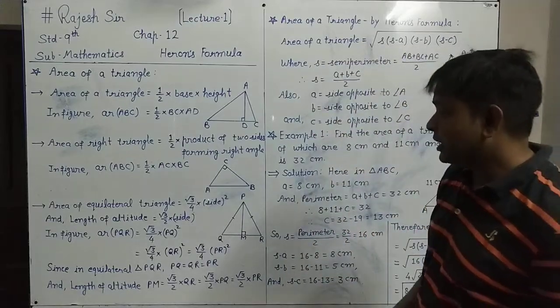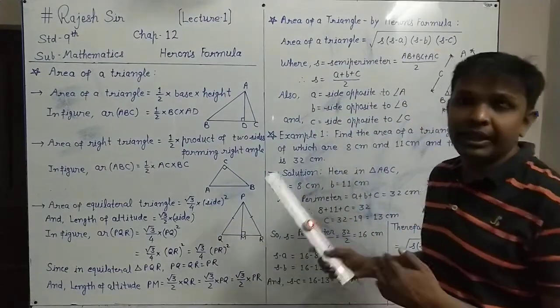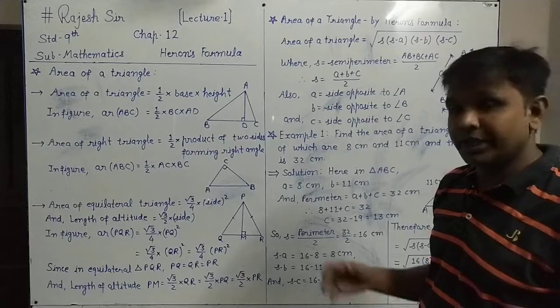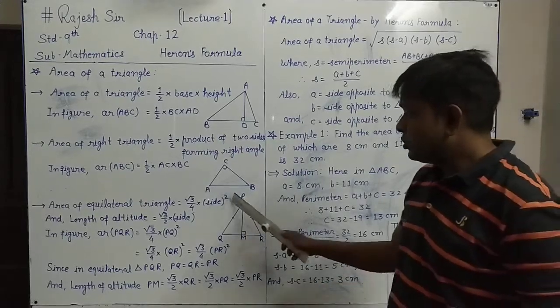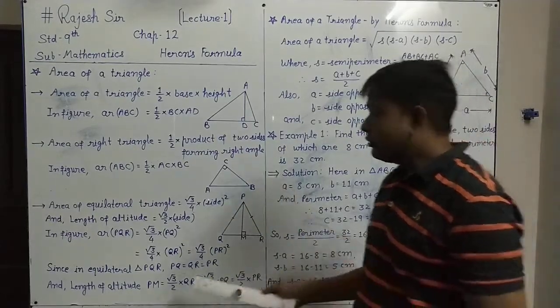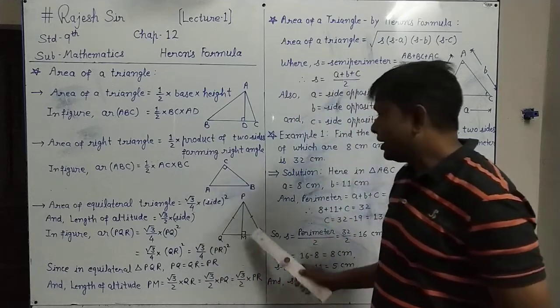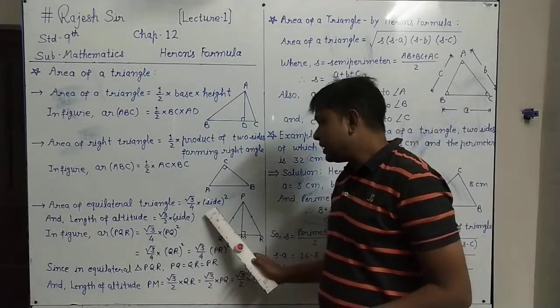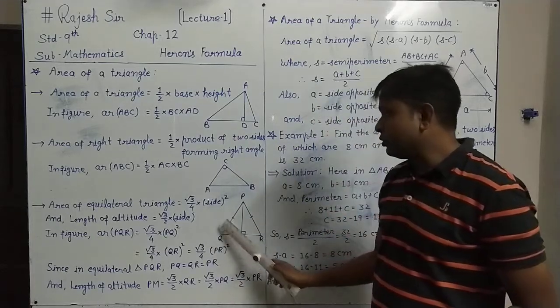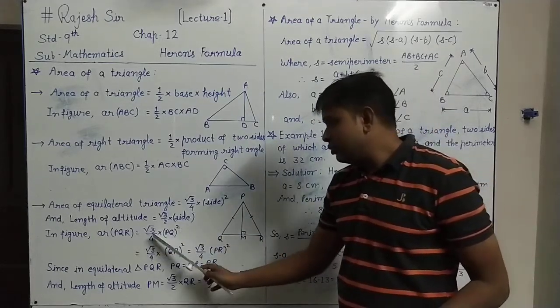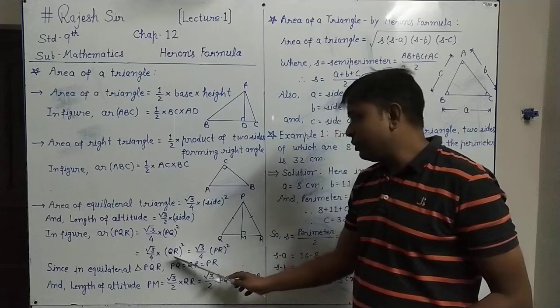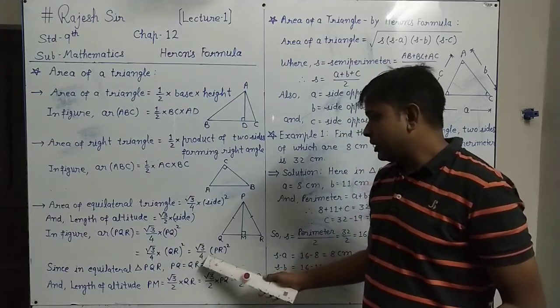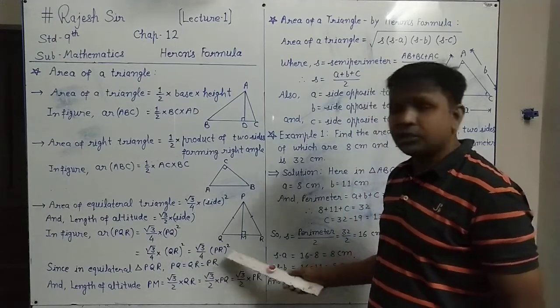This also we have to note and remember. In earlier classes we have seen it, and it will be used in many of the next examples and in the questions of the exercise. In the figure, for the area of the equilateral triangle PQR, by this formula we can take any side. Suppose I take PQ, so it is root 3 by 4 PQ square, or root 3 by 4 QR square, or root 3 by 4 PR square.